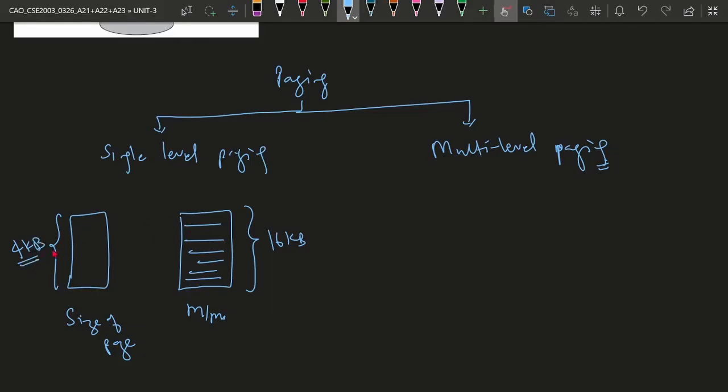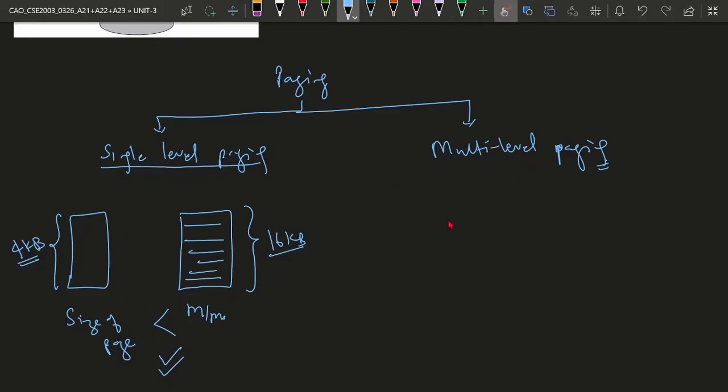Because all the pages will be stored in the main memory itself, that means into the RAM only, if the main memory or RAM is 16 KB and page size is 4 KB, then this page can be accommodated because the size of the page is less than the size of the main memory. So this will be the case of single level paging, because this page can be accommodated into the RAM.